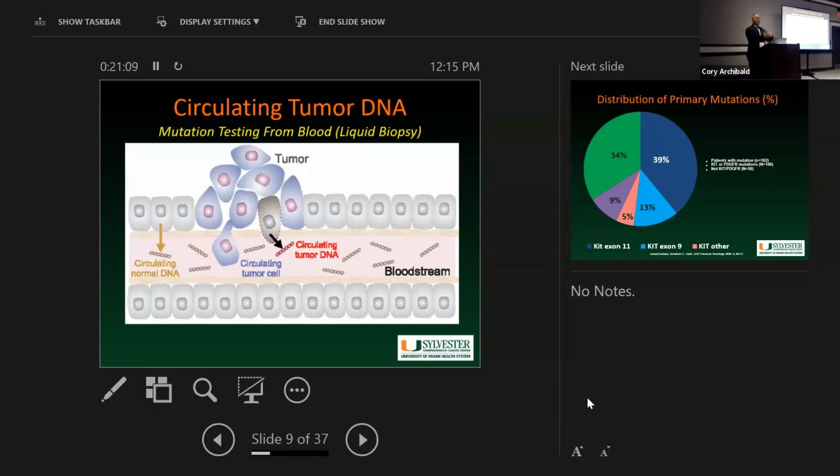Tumor cells turn over: two new ones show up, but one of them dies and releases DNA. The DNA gets in the blood and can be tested for. That DNA can be tested just like DNA taken out of a tumor from a biopsy or a surgical specimen, and most of the time can identify the driver mutation, and sometimes other mutations that contribute to the patient's well-being.